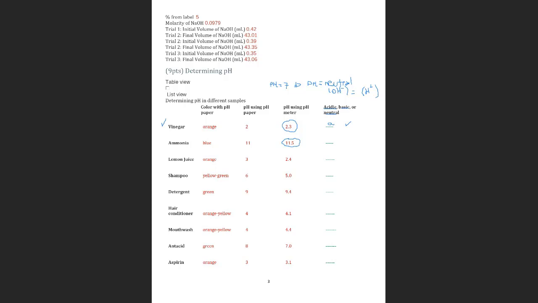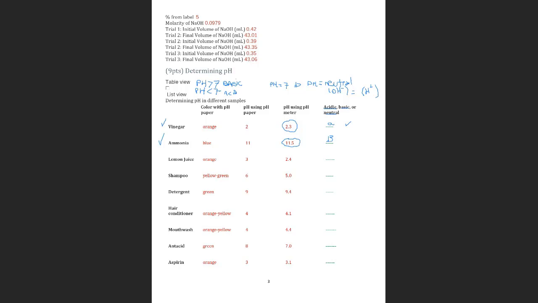Now, if the pH is higher than 7, it's a basic solution. If the pH is lower than 7, it's going to be, oh, very good. Okay, very good. So ammonia is higher than 7, it is a basic solution.